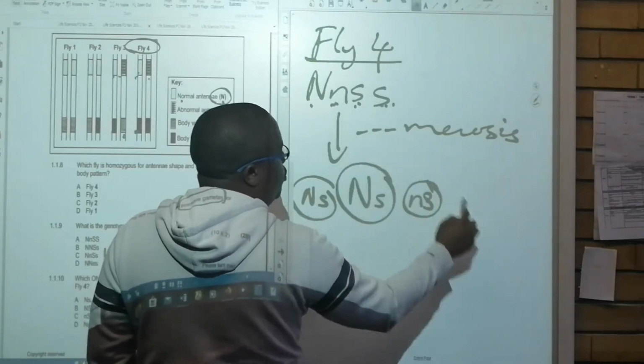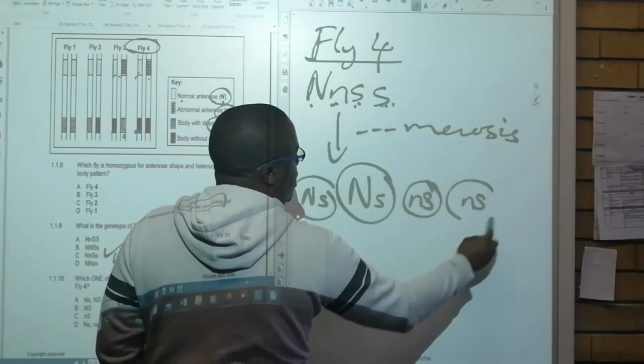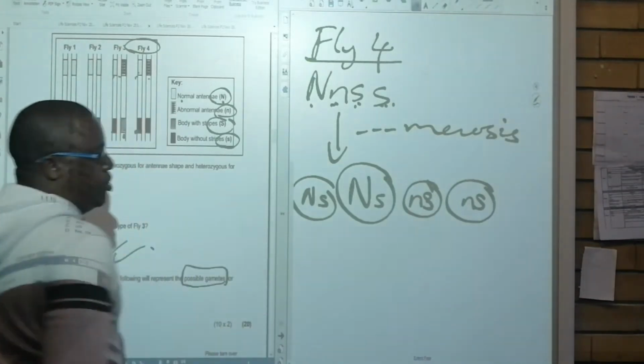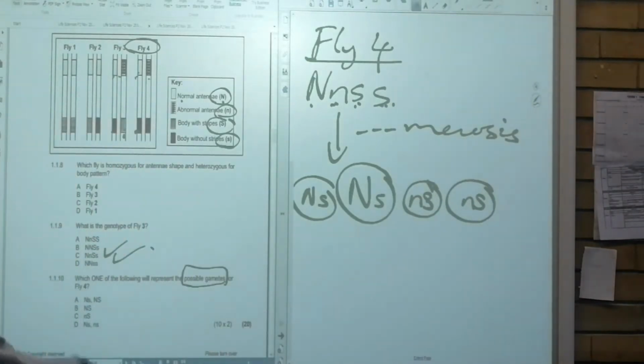And this one and this one can be together in a gamete. These are the possible gametes. So which one has that? Do we have this in our possible gametes? No. So it goes out.